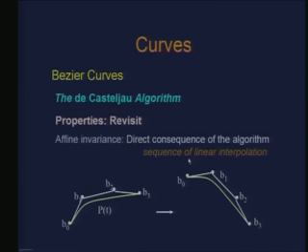Just the fact that it is a sequence of linear interpolations, which is what is being used in the de Casteljau algorithm, means affine invariance is a direct consequence. Linear interpolation uses just the ratios, and that is what affine maps are. So, this property of affine invariance is inherent to the algorithm itself.